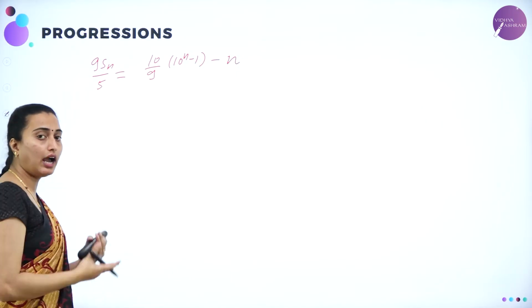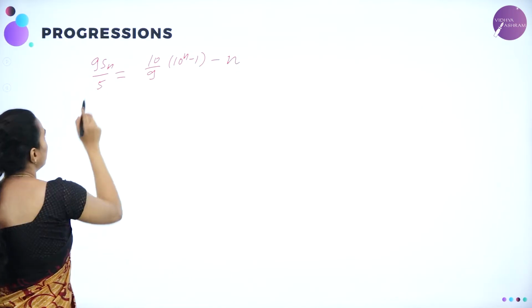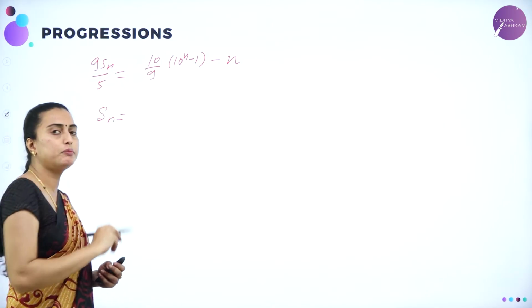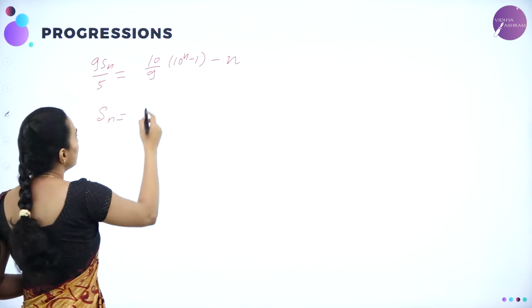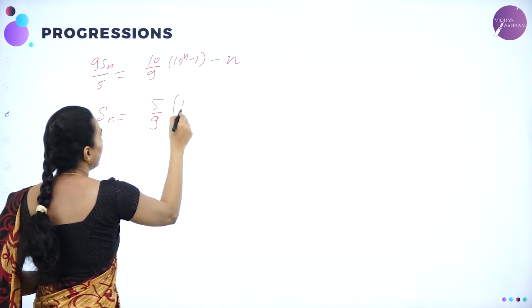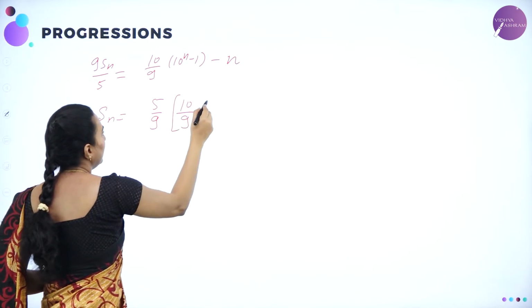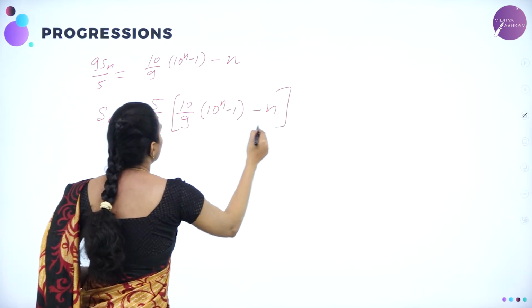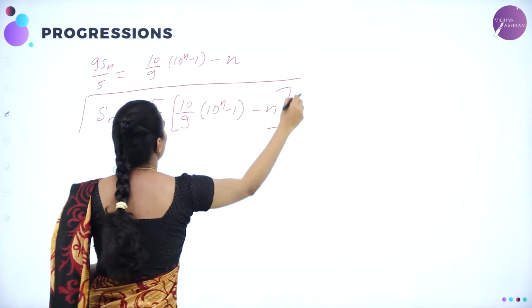Now, I need to find Sn. So Sn can be written as, see, 9 by 5, if cross multiplied, it will become 5 by 9. So, 5 by 9 into 10 by 9 into 10 to the power of n minus 1, minus n. This will be the sum to n terms.